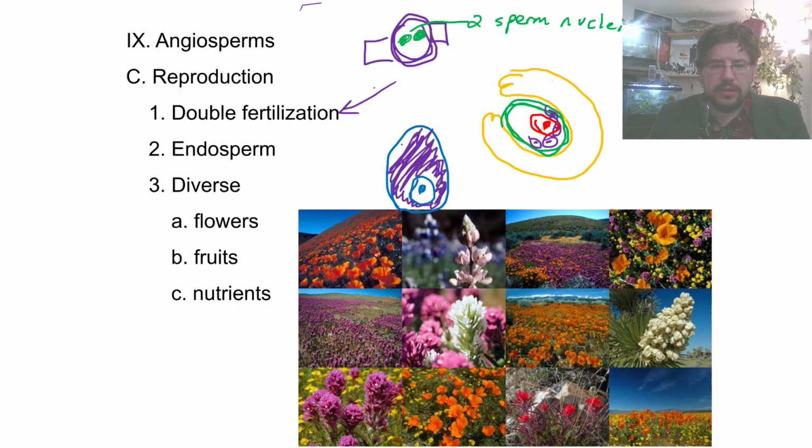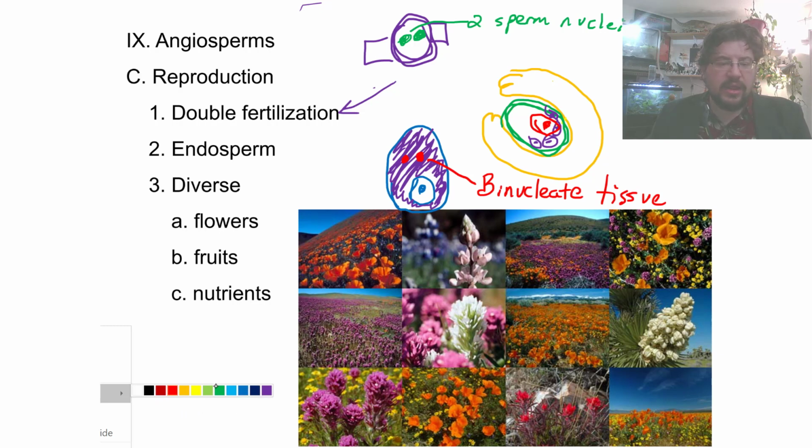All of this tissue is what we refer to as binucleate. It's binucleate tissue. This is very important.